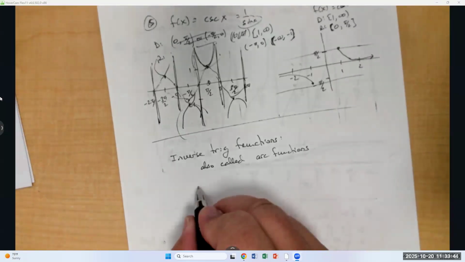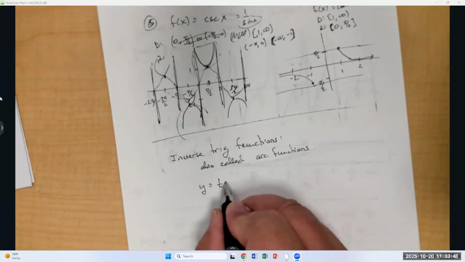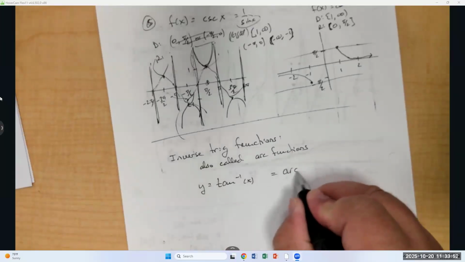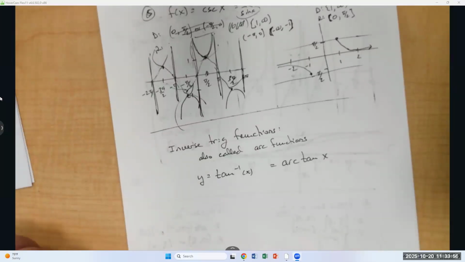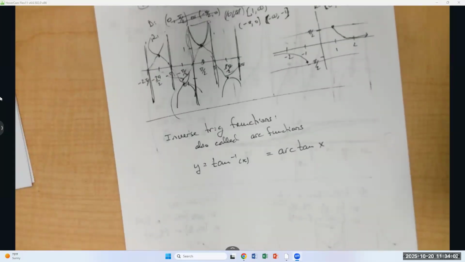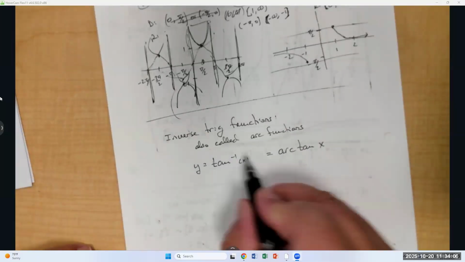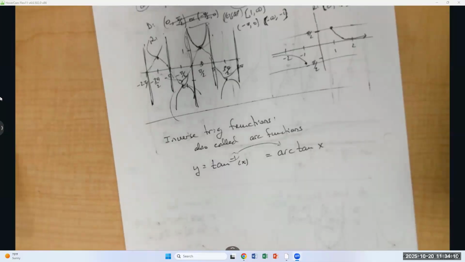If I have y equal to inverse tangent, that's the same thing as saying arc tangent. So they're arc functions, and it goes through all of them. Whatever function you have, the negative one is replaced by the arc symbol.